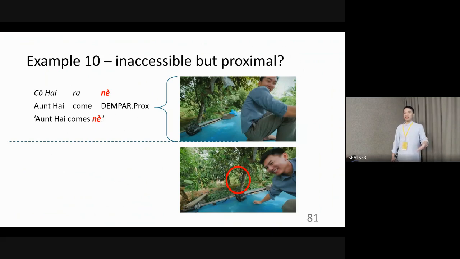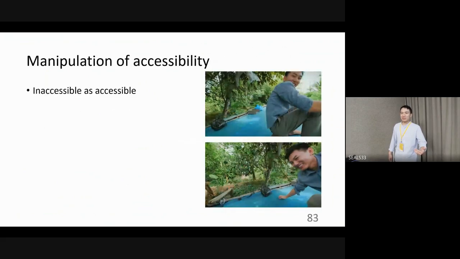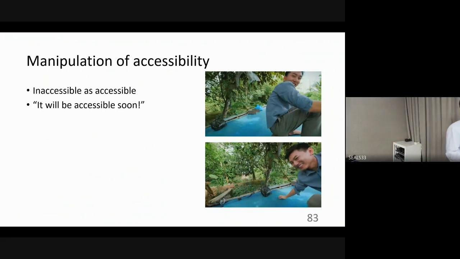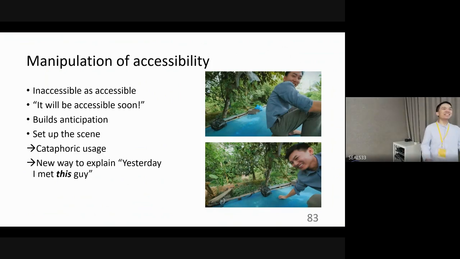But the utterance was finished even before she was shown to the addressee. So when the proposition was being uttered, it was not accessible. So why do we see an inaccessible referent being marked by an accessible particle? It's trying to say, oh, it's not accessible, but it will be soon, don't worry. So it builds up anticipation and sets up the scene.